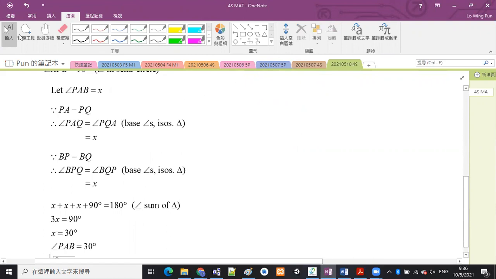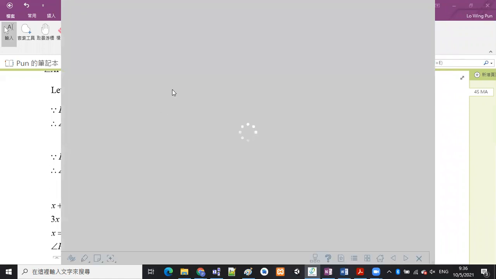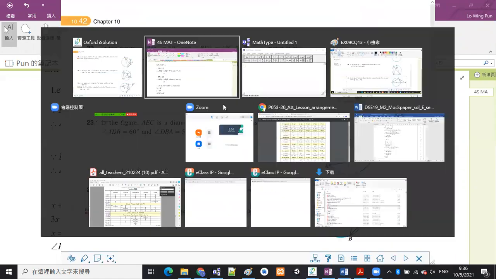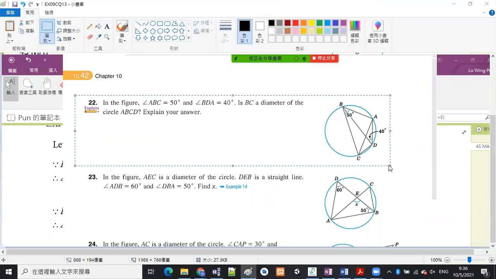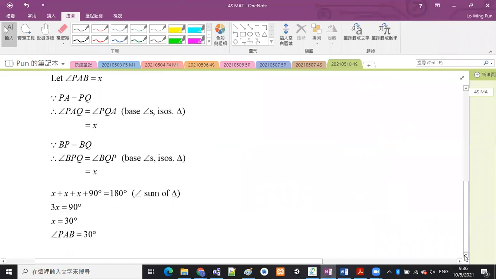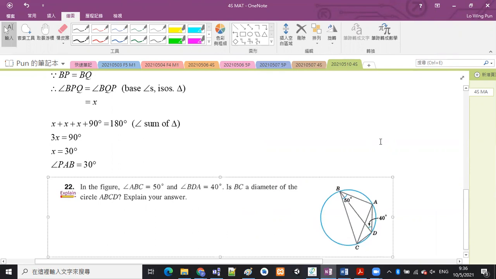And then next one, 22. In the figure, angle ABC is 50 degrees. Angle BDA is 40 degrees. Question asks you whether BC is a diameter of the circle ABCD.